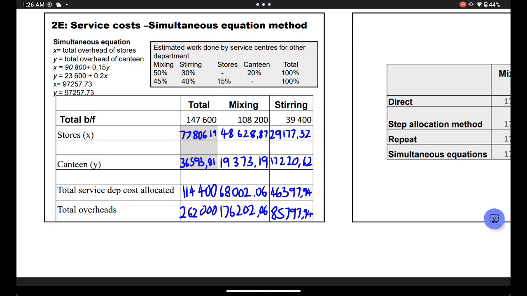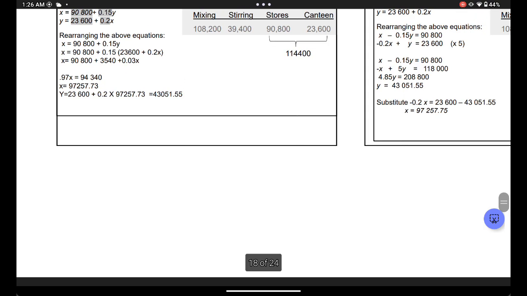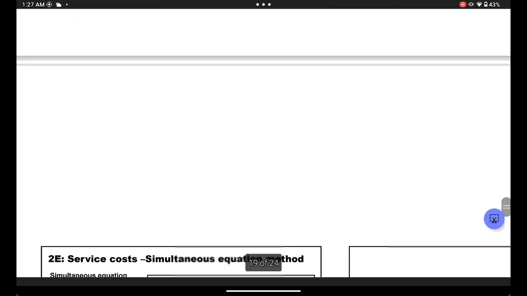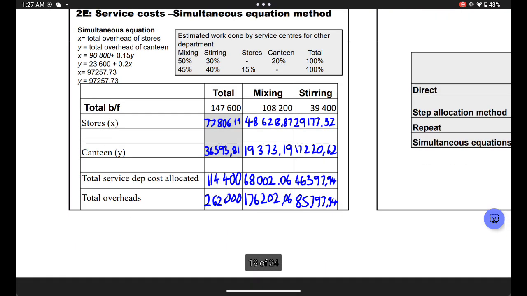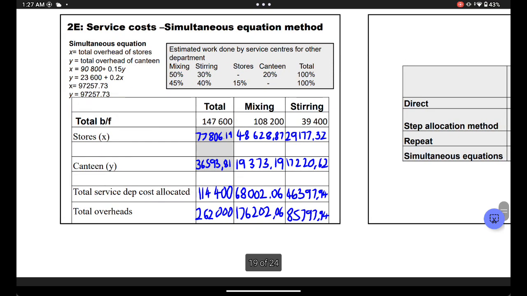We do canteen Y, which is 97,257.73 times, for mixing, 45%. For steering, say 40% times that, right? I'm just seeing something. Okay, so I think they made a mistake.